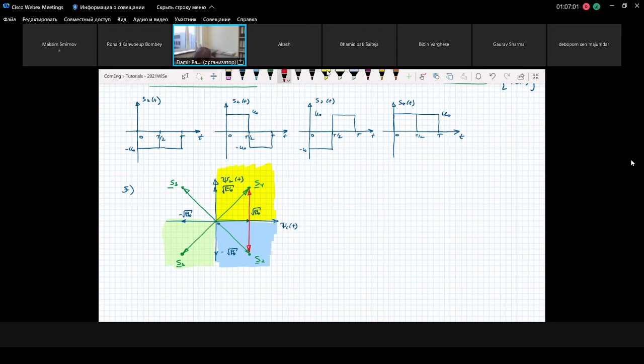We know that the projection of S4 onto the x-axis is square root of EB. And knowing that this length is square root of EB, we need to find the length of this red interval.